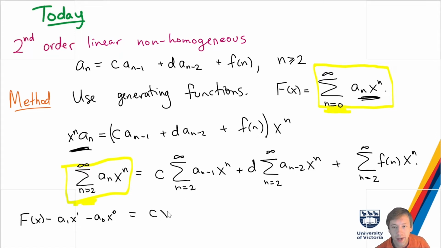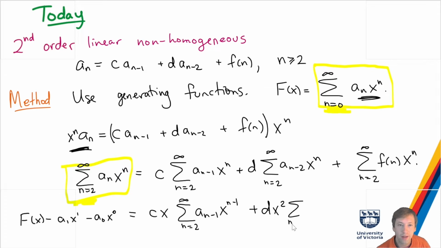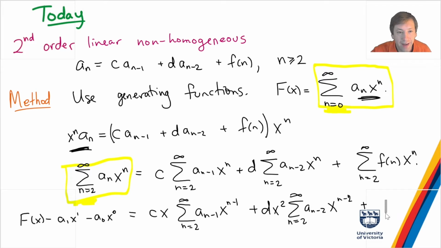So I can write this as c times x times the sum from n equals 2 to infinity of a_{n-1} x^{n-1}. And similarly here I can write d x^2 times the sum from n equals 2 to infinity of a_{n-2} x^{n-2}. And then here I've got the same sum I had before, the sum from n equals 2 to infinity of f(n) x^n.